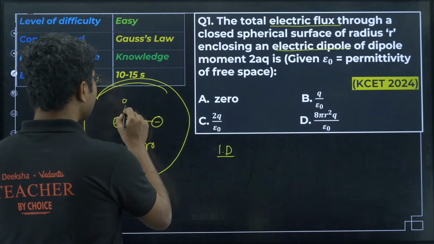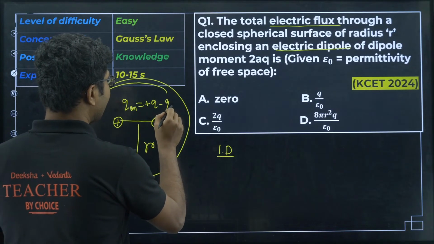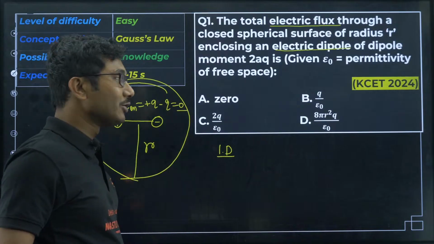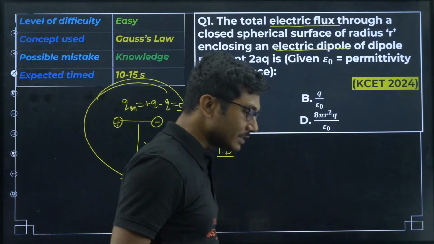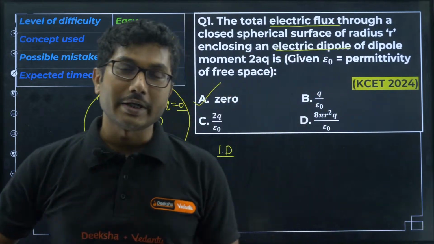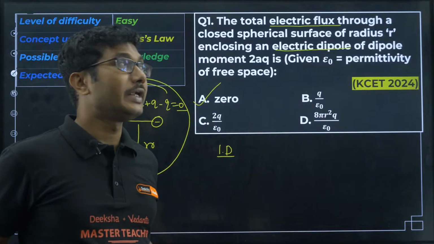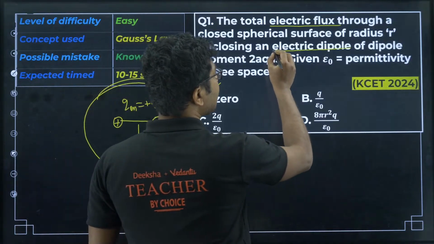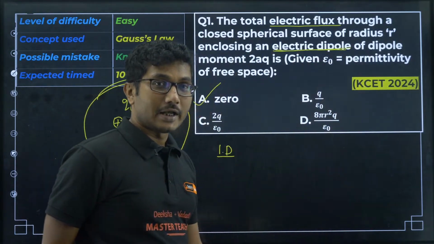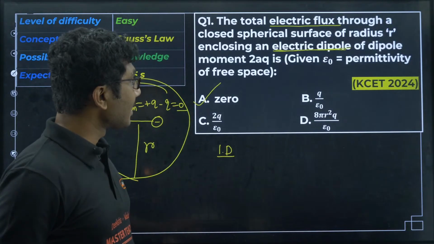The total enclosed charge here is plus q minus q, that is 0. So enclosed charge 0 means flux is 0. This is a very easy but conceptual question, and you should not spend more than 10 to 15 seconds on it. Just read the question, and as soon as you read it, you understand that this is an electric dipole, which has total charge 0, so electric flux will be 0.